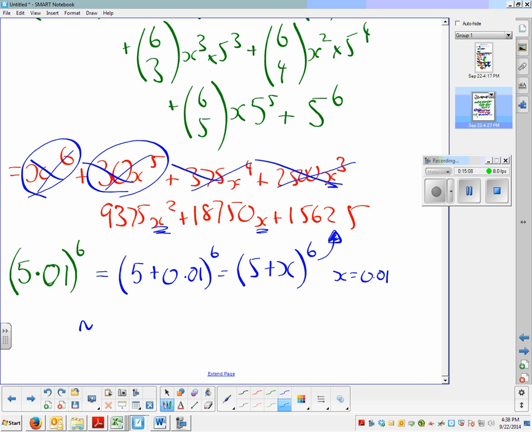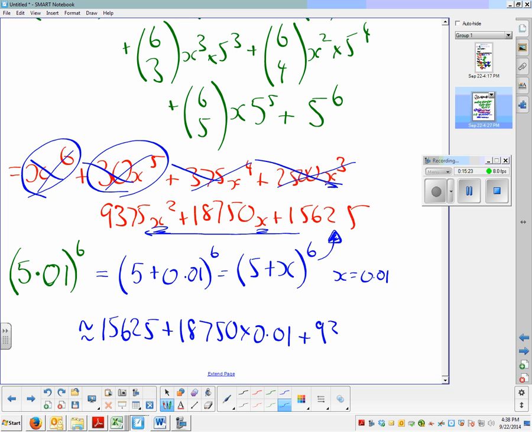I'm going to estimate that 5.01 to the 6 is the same as 15,625 plus 1,850 times 0.01, which is my x. I'm working this way. Plus 9,375 times 0.0001.